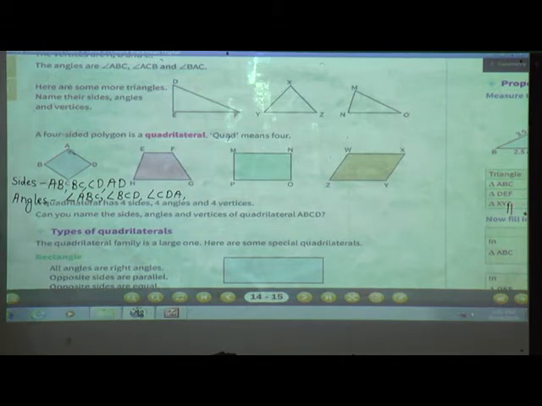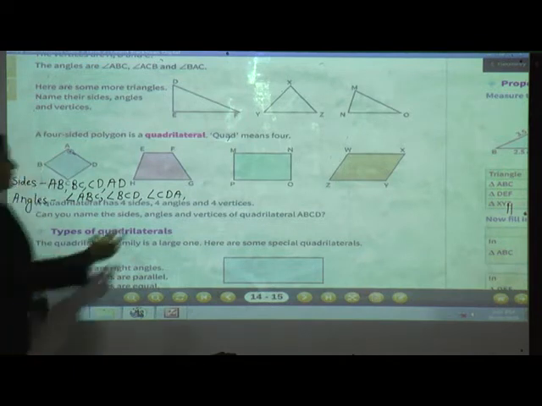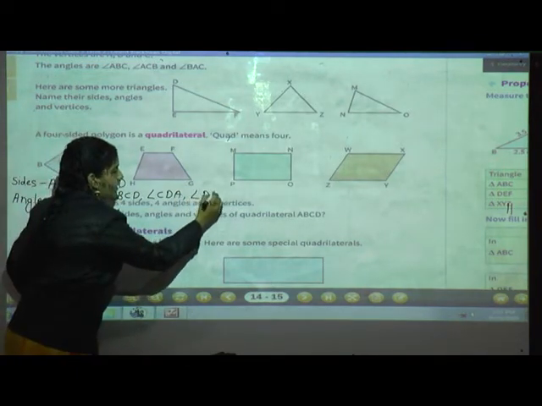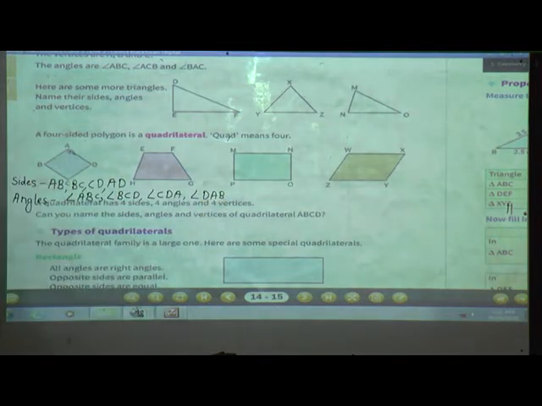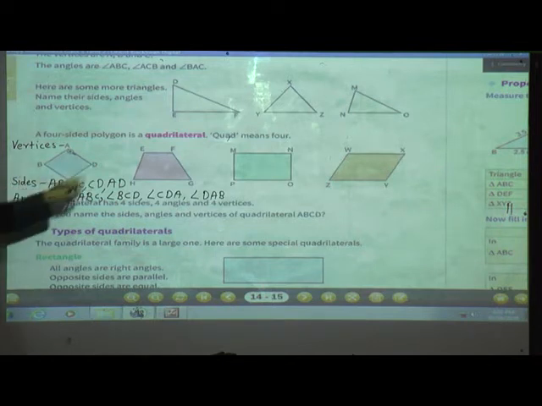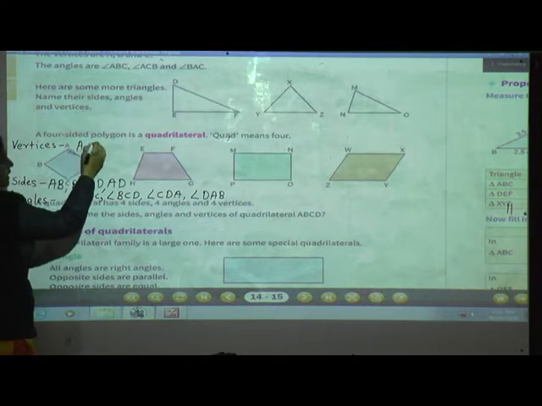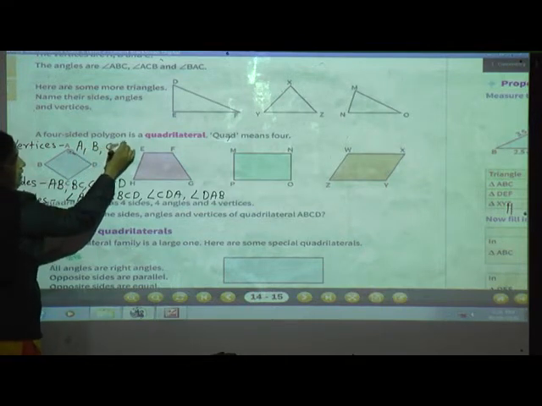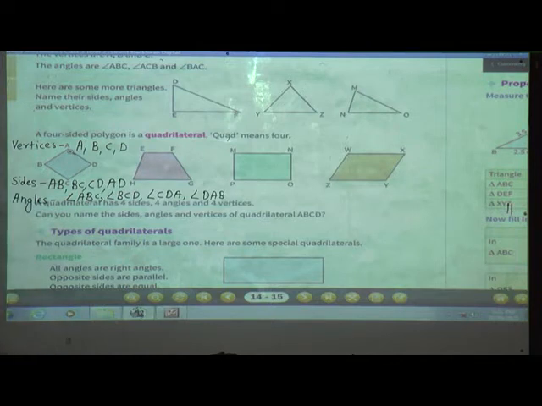And the last one is angle DAB. Now, vertices. Vertex A, B, C and D are the four vertices. So therefore quadrilateral has four sides, four angles and four vertices.